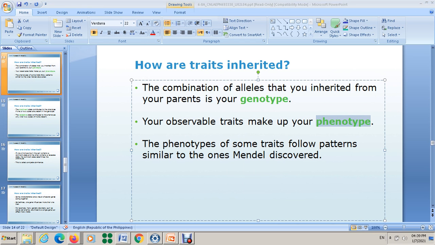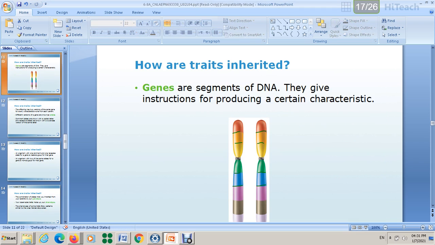The combination of alleles that you inherited from your parents is your genotype. For example, this one is your genotype for your ear, capital B and small b. This one, for the presence of dimple, for example, capital D and capital D. So this combination is called what?